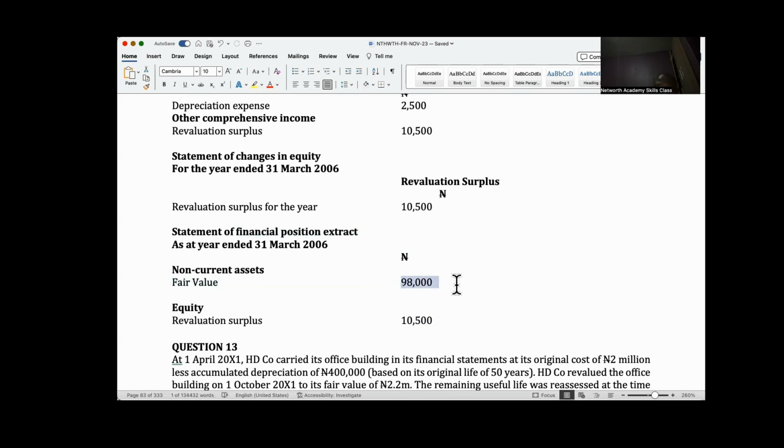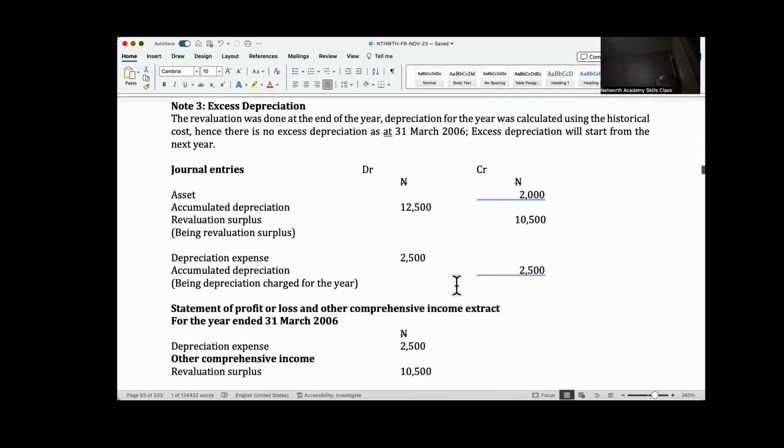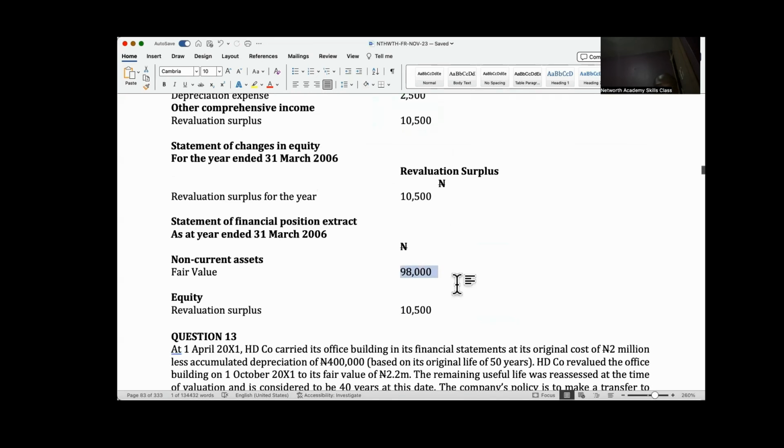So this 98,000 is the updated value as at the year end, since this revaluation was done. That's why my carrying amount is now that figure. I didn't even have to remove depreciation because the accumulated depreciation has been cancelled out at the date of revaluation, which is the year end. So my value going forward is 98,000 from the year end.